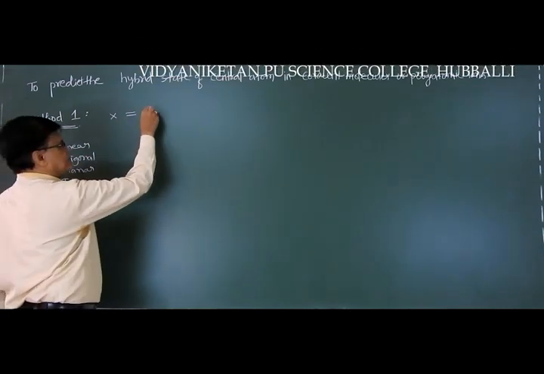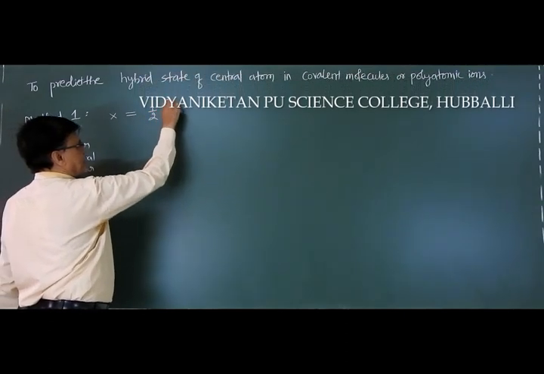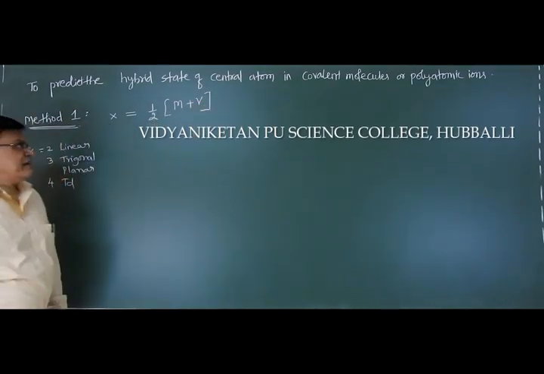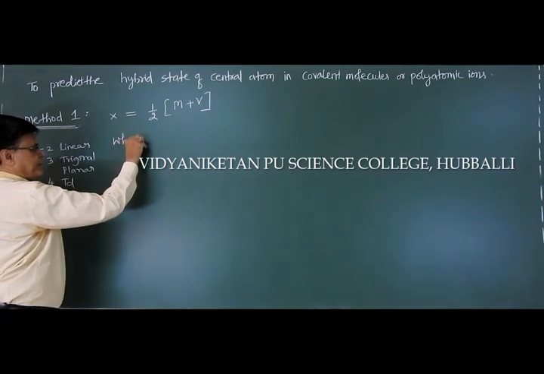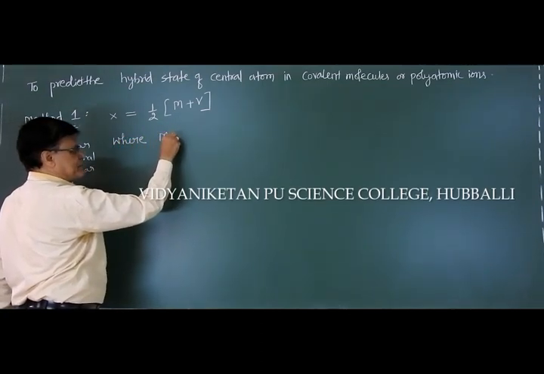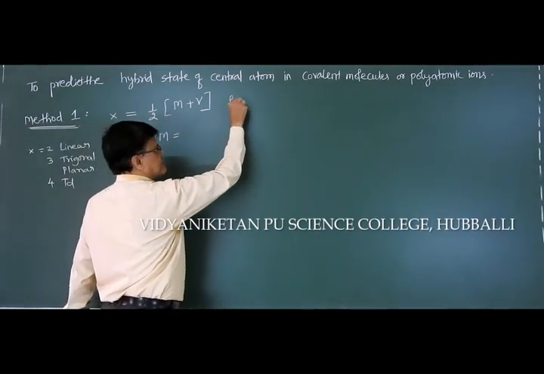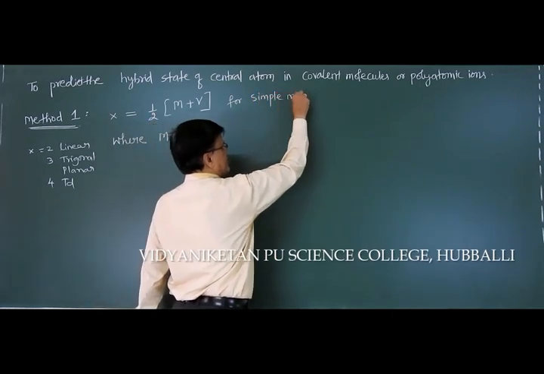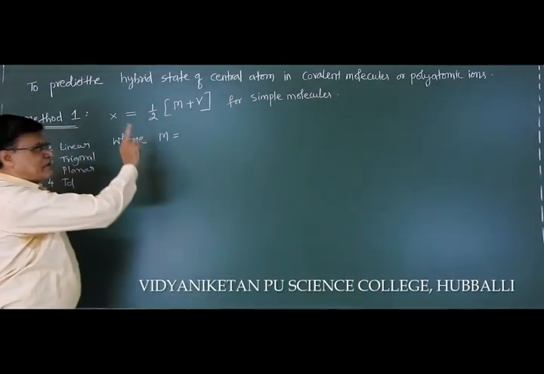X equal to half (M plus V). Just remember, M plus V, where M equals the number of monovalent atoms for simple molecules. For a simple molecule, this is the formula we have.